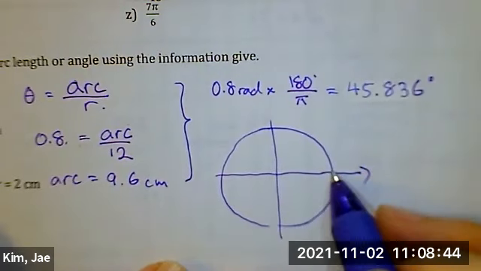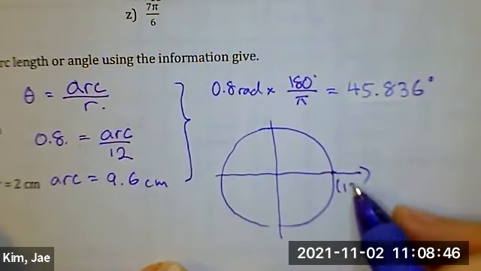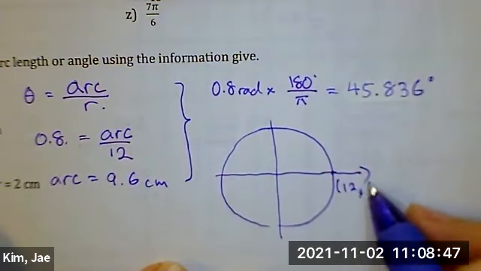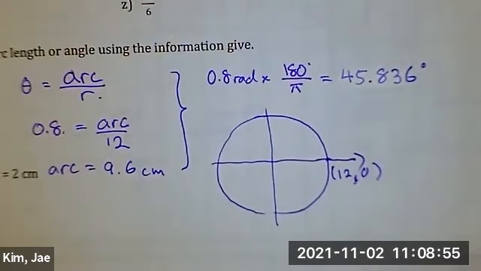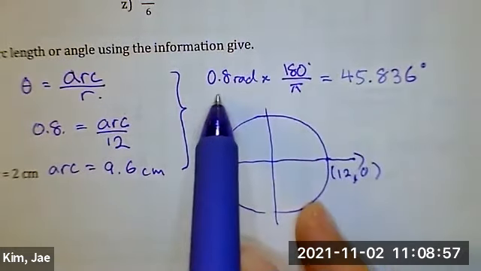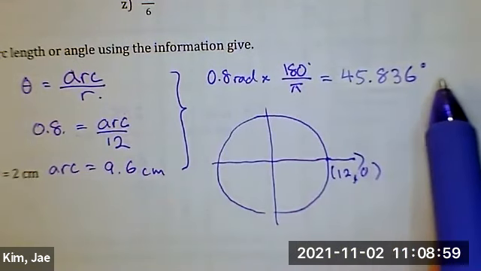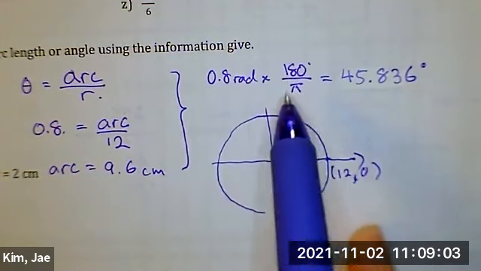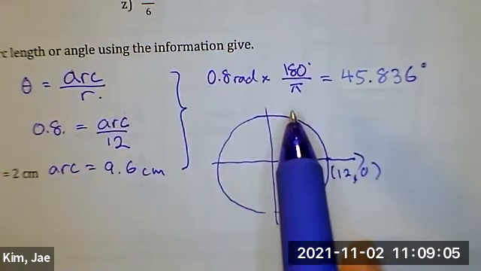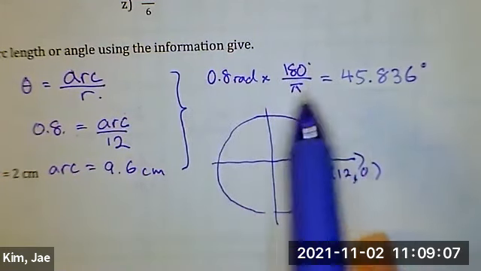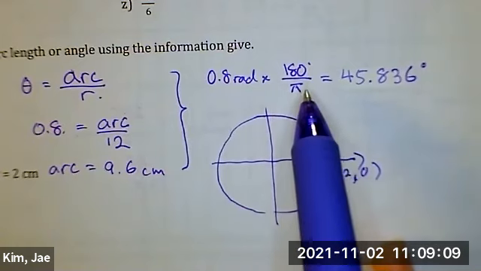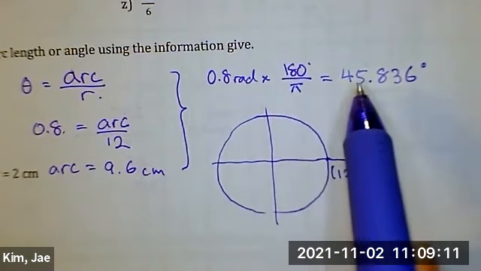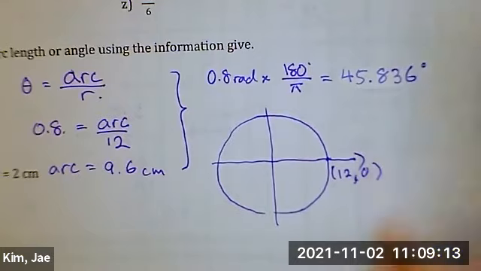What I'm trying to say is if this radius of a circle is 12, no, we forgot to divide by pi. So it's 0.8 times 180 divided by pi, 3.14. Gives me 45.8 degrees.